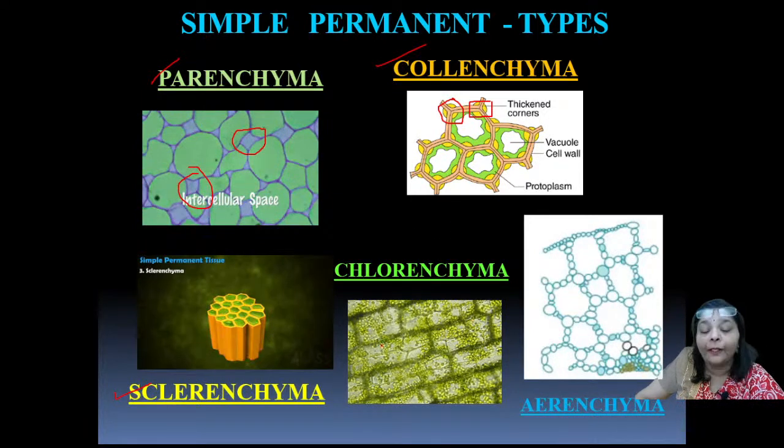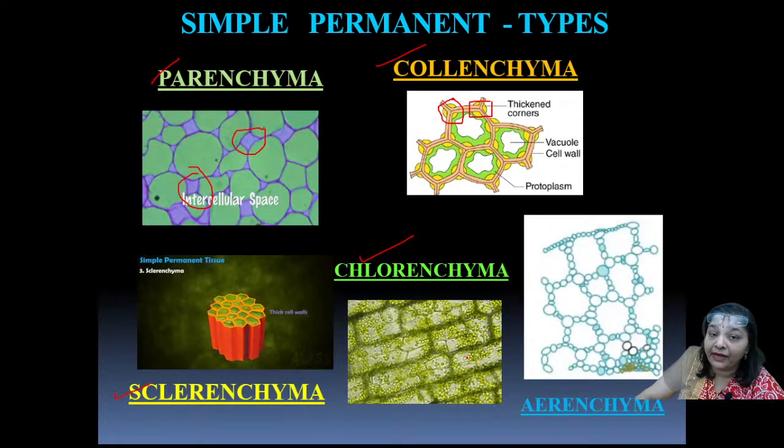But according to certain functions, the parenchyma tissue redifferentiates into certain other subtypes. For example, the chlorenchyma tissue. We learned last class that they contain many chloroplasts. That is why they seem to be green in color. Mainly they are found in the leaves, the palisade parenchyma region and the spongy parenchyma tissue.